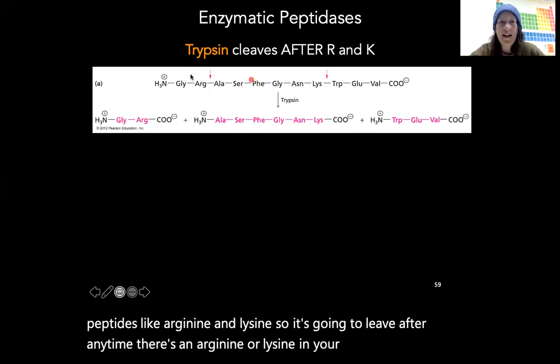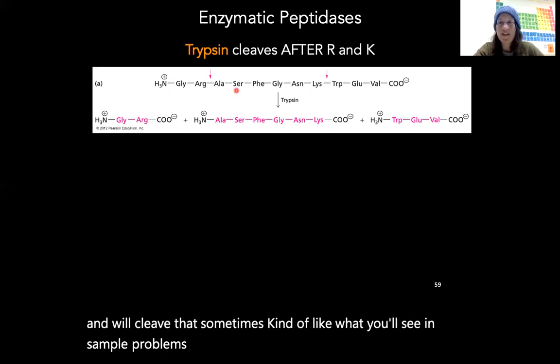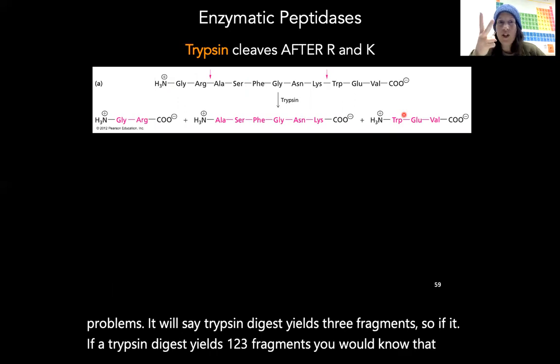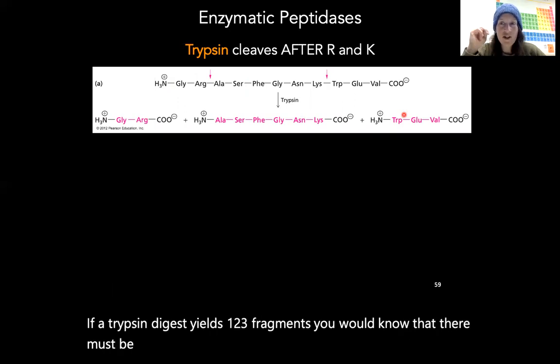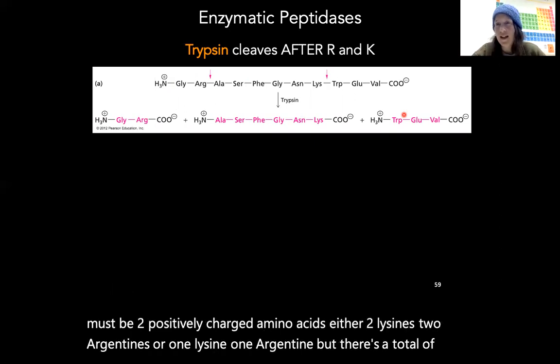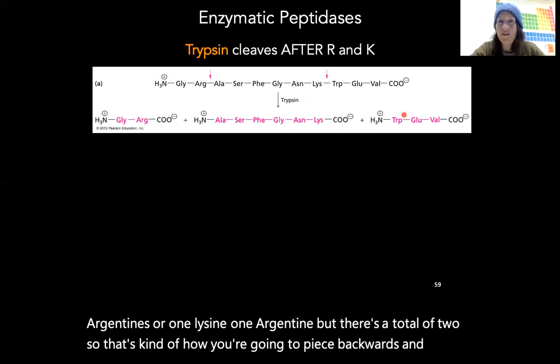Sometimes, like what you'll see in sample problems, it'll say trypsin digest yields 3 fragments. If a trypsin digest yields 3 fragments, you would know that there must be 2 positively charged amino acids, either 2 lysines, 2 arginines, or 1 lysine and 1 arginine, but there's a total of 2.